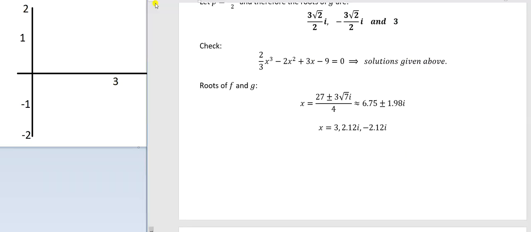So let's say we make our Argand diagram like this. We mark on some approximate values, so 1 and 2 up there, minus 1 and minus 2. And roughly speaking, we'd have a 3 here, we'd have a 6 here, and then we mark on our points based on this. So 6.75 plus or minus about 2i.